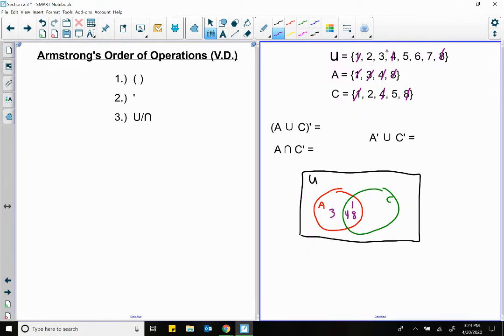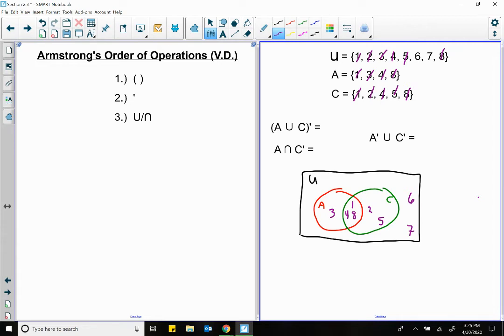Cross it off. Over here is tell me what's left in C. So the only thing left in C are 2 and 5. So we'll cross those off. 2, and 5. So is there anybody left out in the universe? Well, if we see what's left after we crossed off, yes, we do have some people out in the universe. It's 6 and 7.